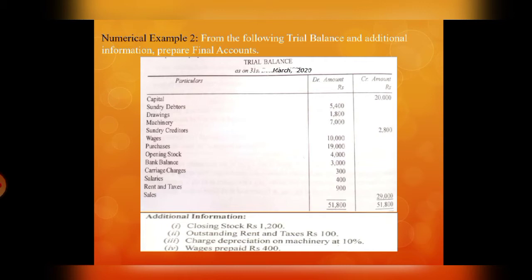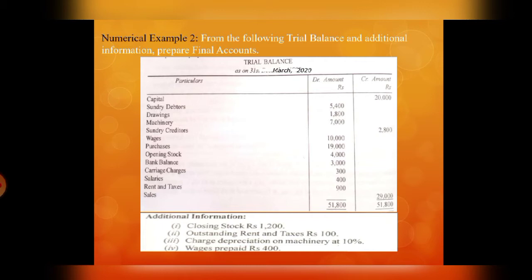suppliers of raw materials. Wages is a direct expense and therefore it will be shown on the debit side of trading account. Purchases also are shown on the debit side of trading account. Opening stock is the first item that will be shown on the debit side of trading account. Bank balance is a current asset and therefore it will be shown on the asset side of balance sheet.